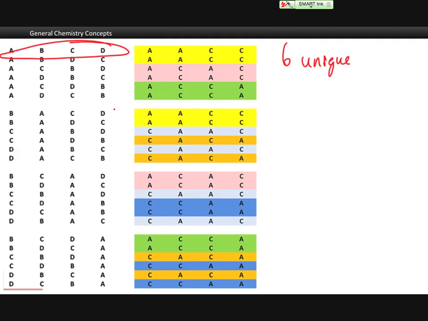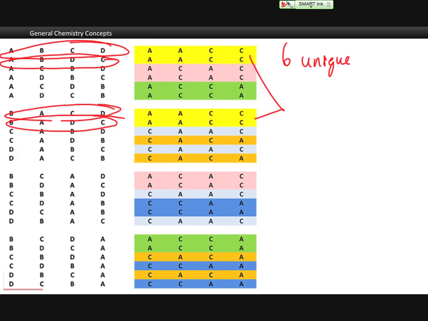So, for example, notice ABCD, BACD, BADC, ABDC, all 4 of these, even though they look very different, all start looking like AACC. So we have one unique arrangement with 4 degeneracies.